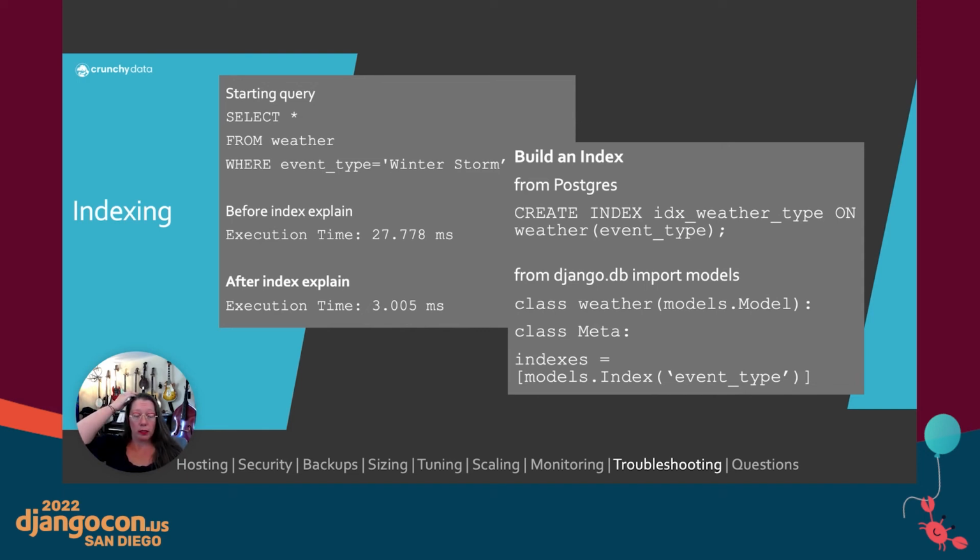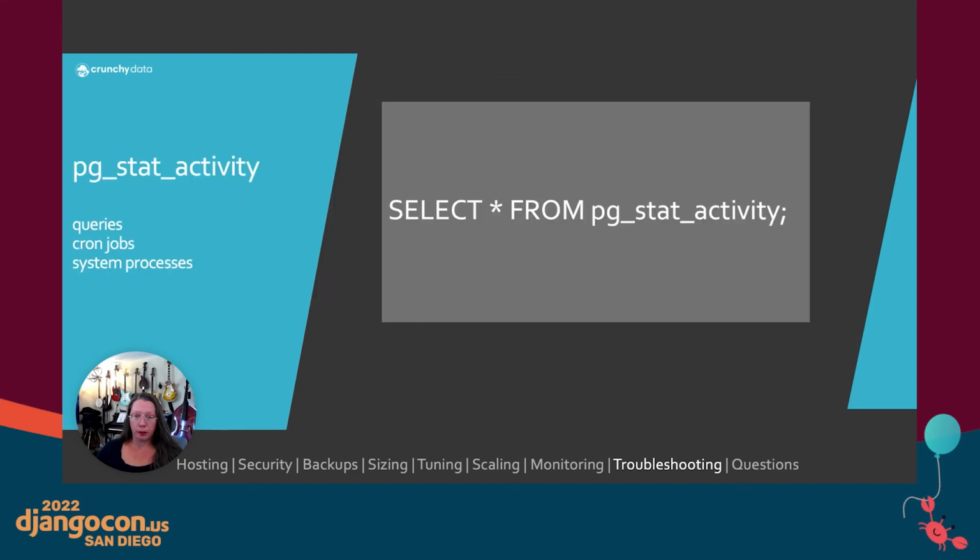You'll build the indexes in the Django ORM, in the models, if you're going to do that with Django. Haki Benita has a really good talk that he did last year for DjangoCon 2021 on index usage. I think that's on YouTube, which is a great place to go if you want to dig into a bunch of indexing.